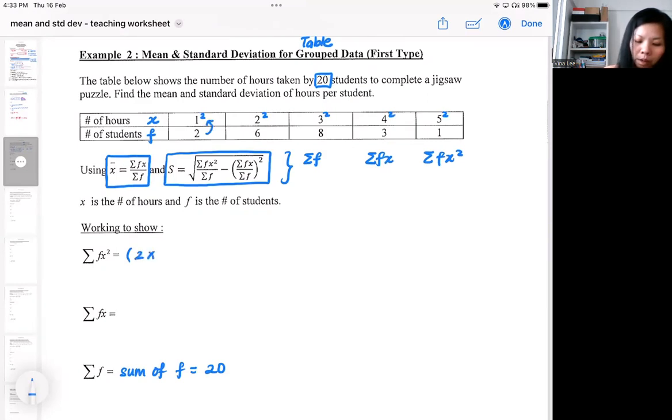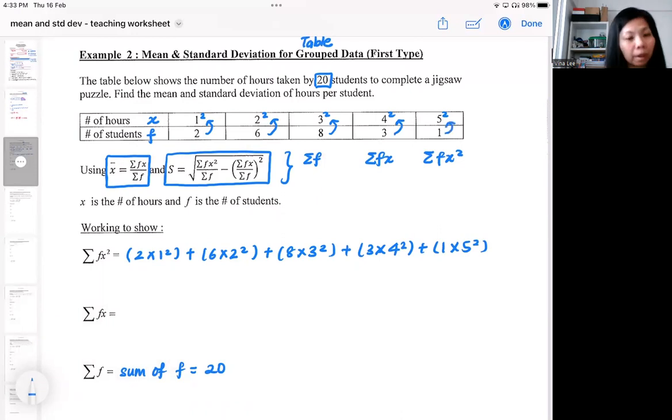So it's like 2 times 1 squared, 6 times 2 squared, 8 times 3 squared, 3 times 4 squared, 1 times 5 squared. So I square the x and then I multiply. So that is the meaning of fx squared.